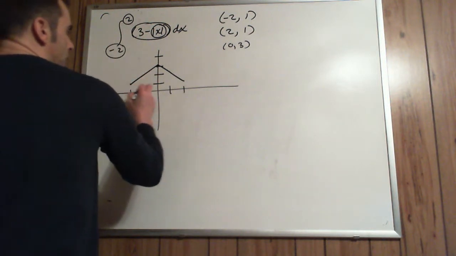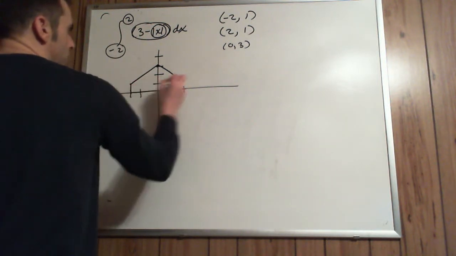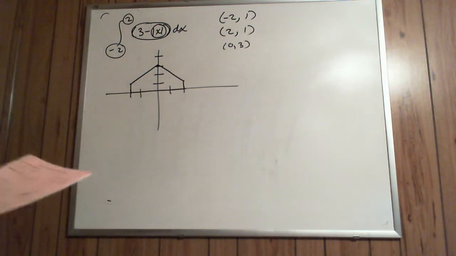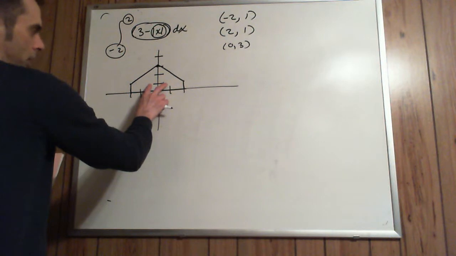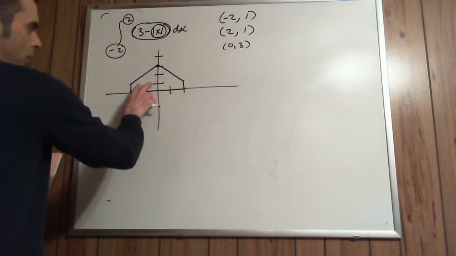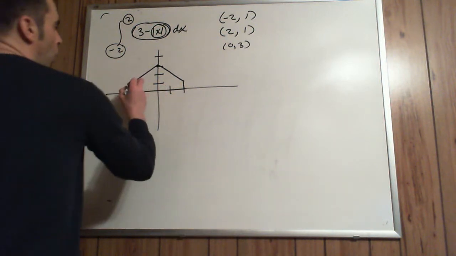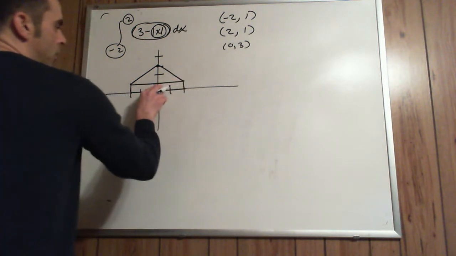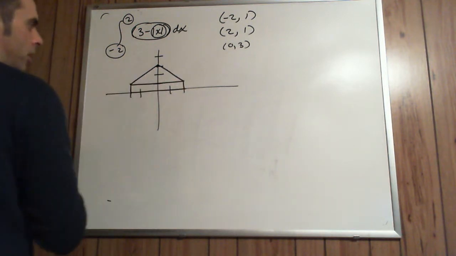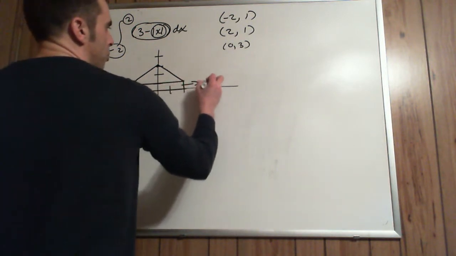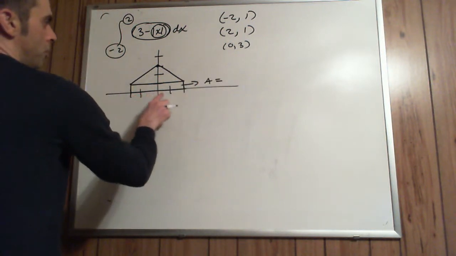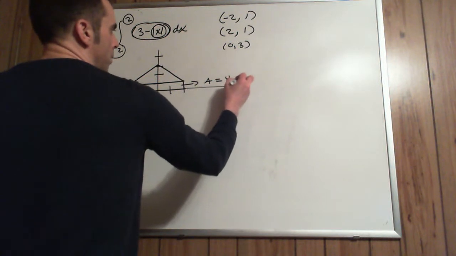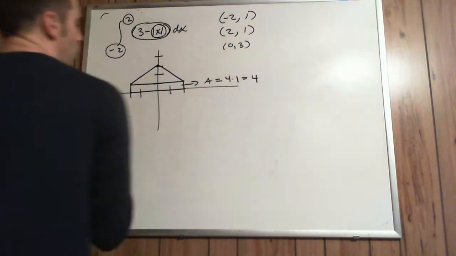We're going to bound it by the x-axis, and that's from -2 to 2. What we got here is 2 trapezoids of equal areas, so you can find the area of one trapezoid and double it, or you can create a rectangle here and a triangle here. So the area of this portion would be the rectangle, which is 1, 2, 3, 4 units long, times its height, which is 1, so that's 4.